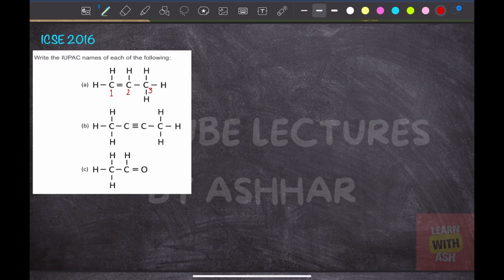So for A, since there are three carbons, the word root is prop, followed by 1, and since there is a double bond, we use ene, E-N-E. So this will be my answer for this one.